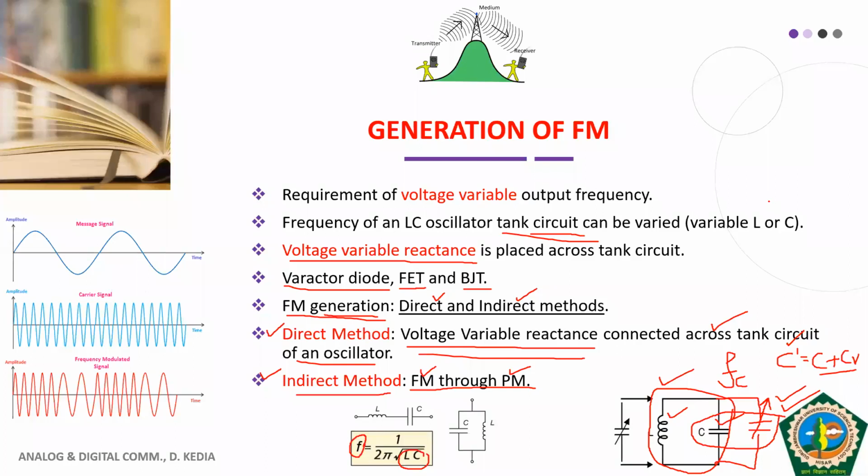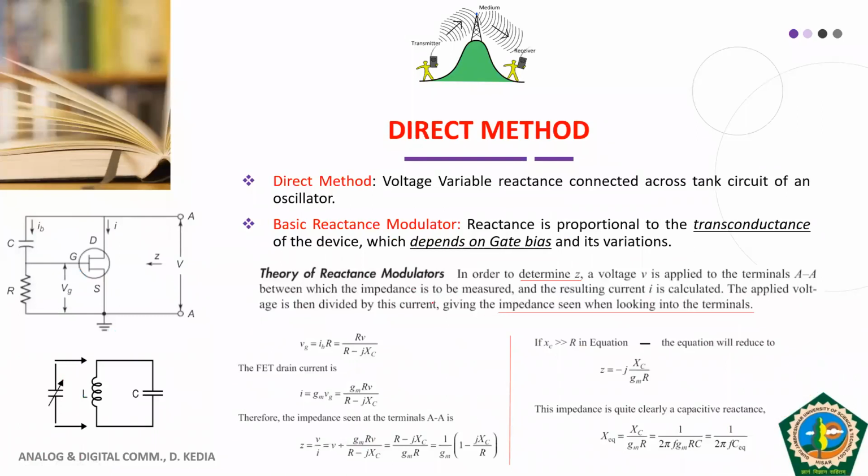So students, after discussing the concept of the direct method, now let us move forward. So this is our direct method of generating an FM signal. Here we also call this circuit the basic reactance modulator. Keep in mind that we are using the basic reactance modulator as a direct method for generating an FM signal.